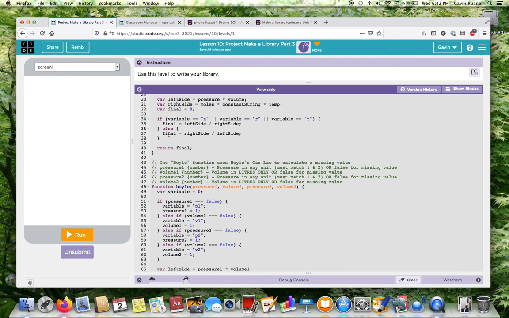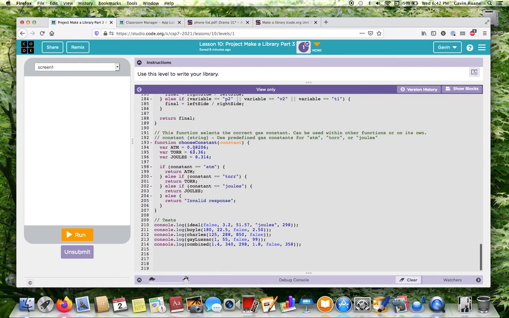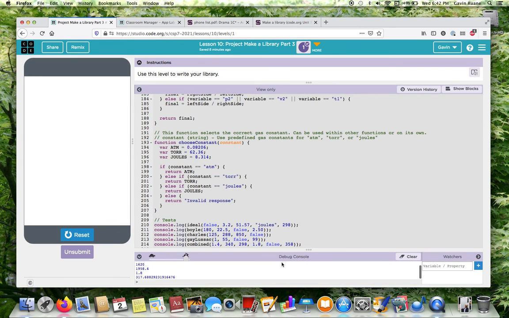Because there's a variable on the left side, you're going to want to divide the right side by whatever's on the left side. Then it will set final to that, and it will return final. And with console.log, it will give you the value. So we got this big number for the result.